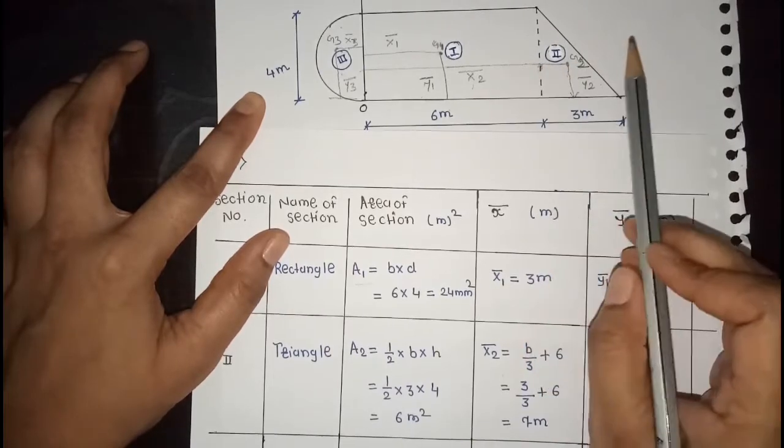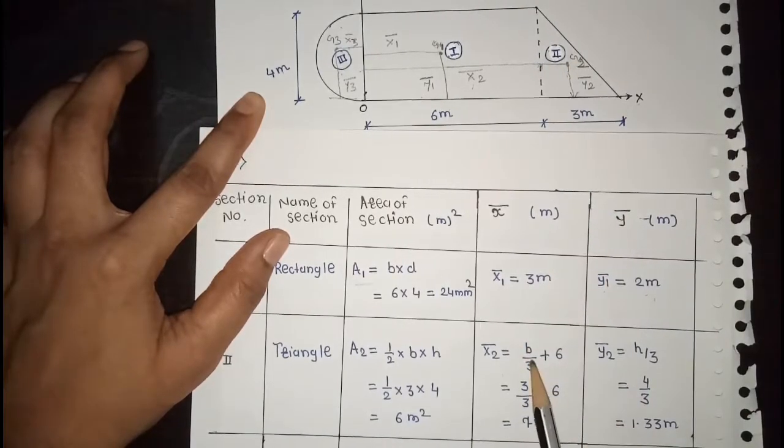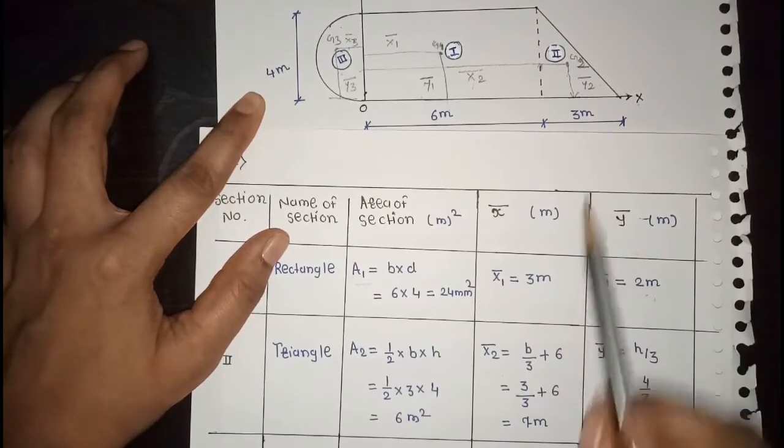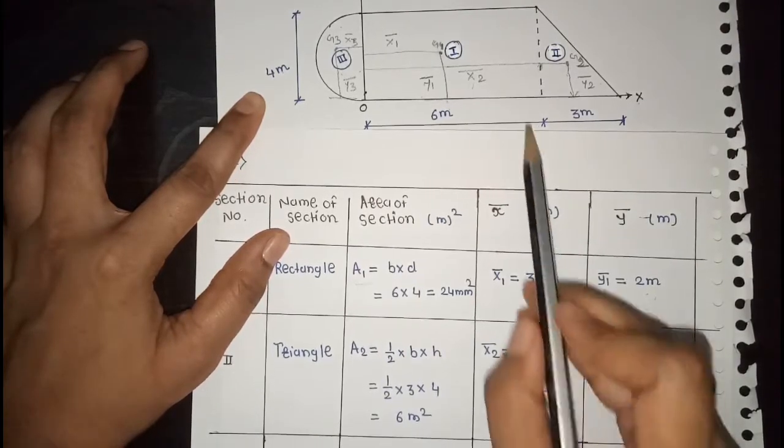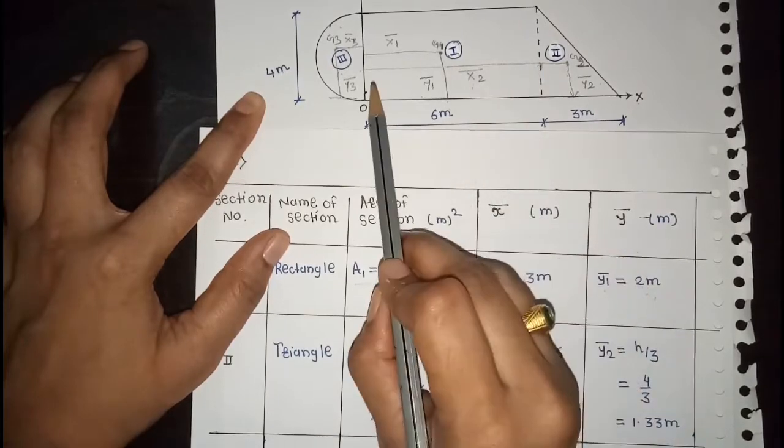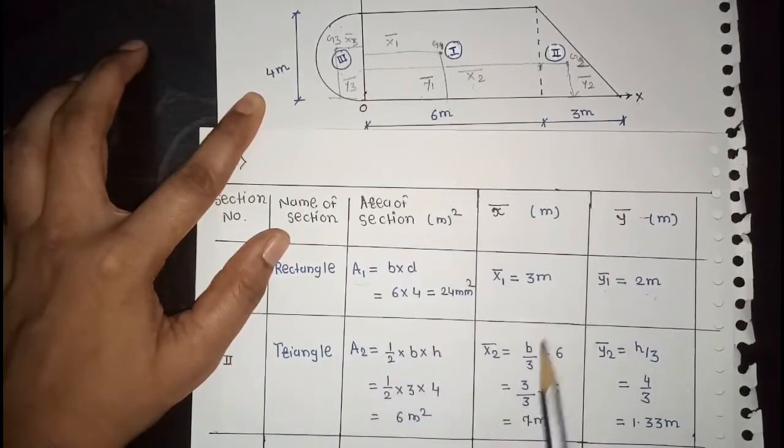So this distance is B by 3. B by 3 plus this point to this point is 6 meter. So 3 by 3 plus 6, then we get 7 meter.